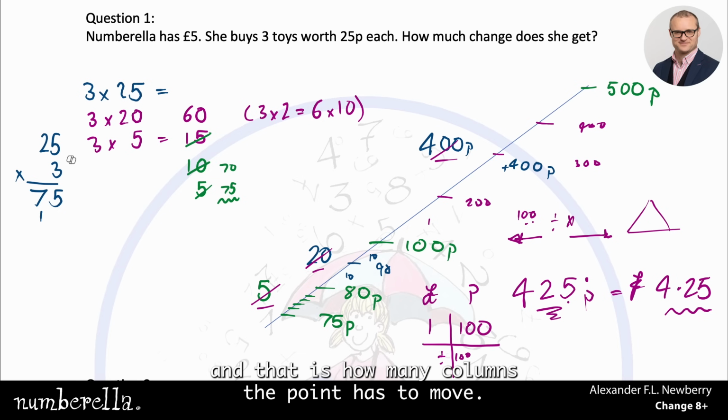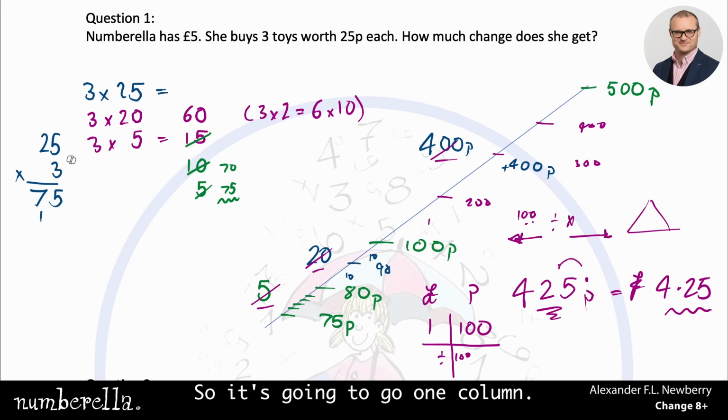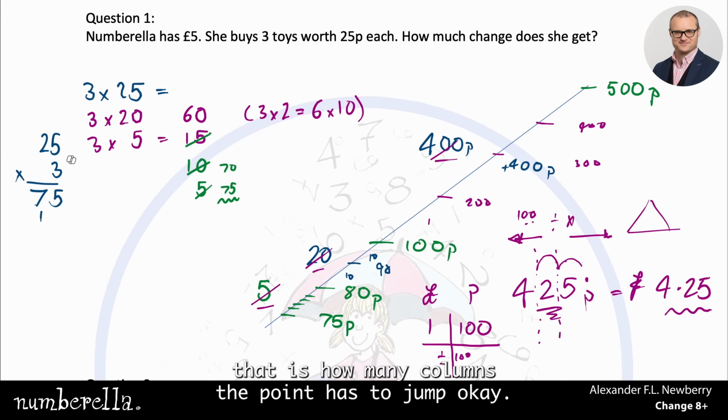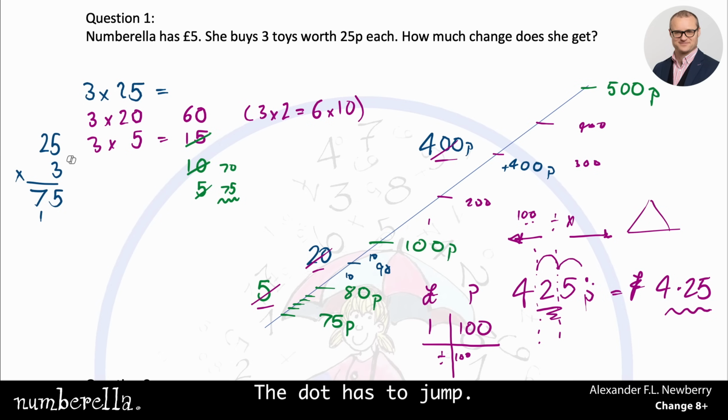And there are 2 zeros, and that is how many columns the point has to move. So it's going to go 1 column. Imagine your columns are in here. And then it's going to go another column. So according to how many zeros there are in the number you're dividing by, that is how many columns the point has to jump. Okay, the dot has to jump. So we end up with our answer of £4.25.